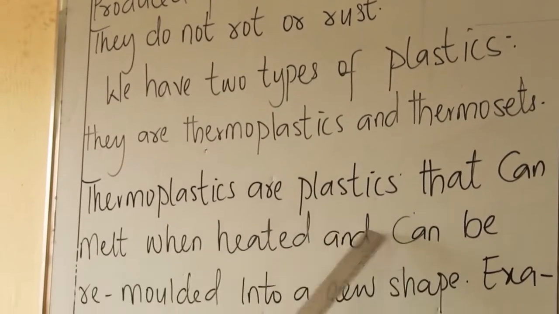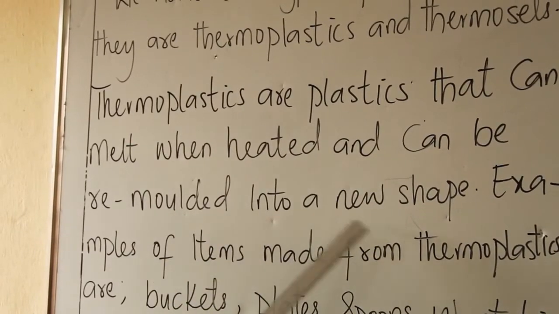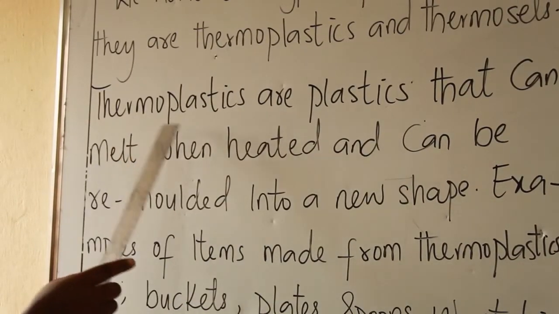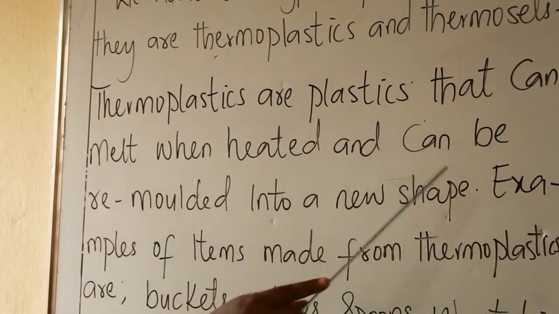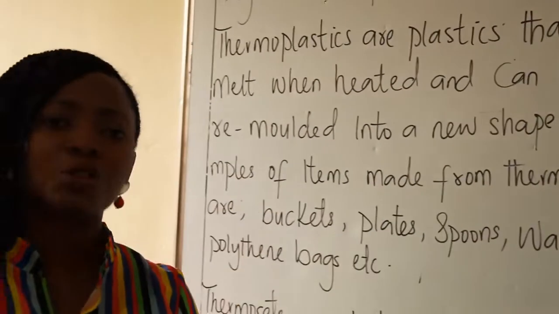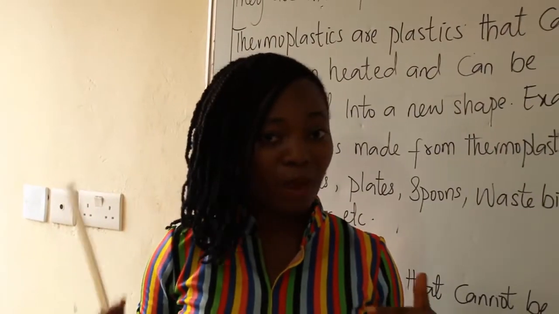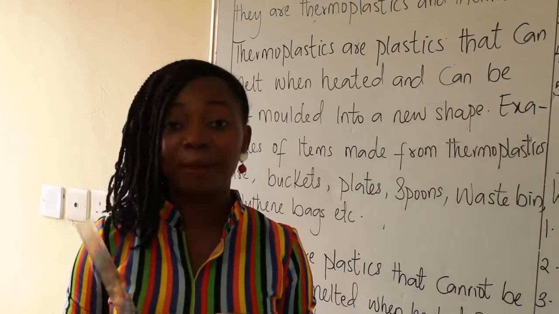Thermoplastics are plastics that can melt when heated and can be remolded into a new shape. Remember, when we talked about recycling of wastes under waste management, we mentioned that we can recycle plastics by melting them and forming them into a new shape.